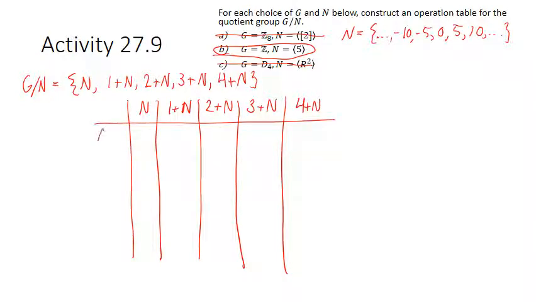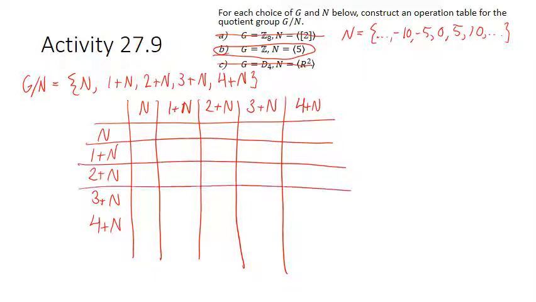Okay, and then on the other side, of course, I'm going to have the same thing. Okay, and then just to remind you, the group operation here is addition, not multiplication. So if I add n plus n, what am I going to get? If I add anything in n to anything else in n, I'm still going to be in n.